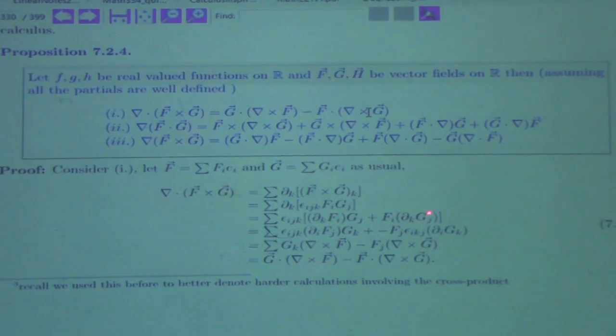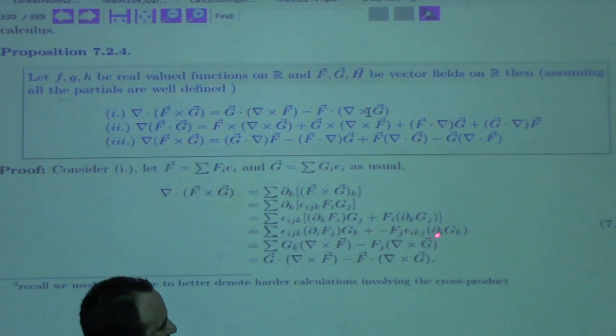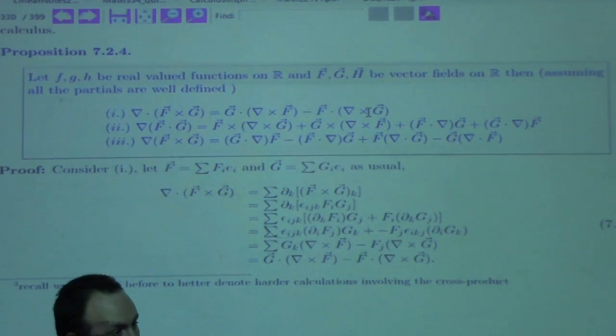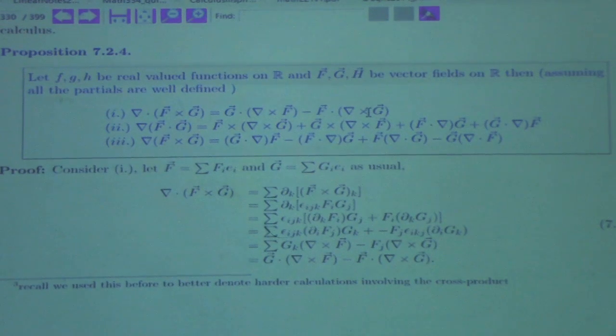Then you have a product rule, and of course then you can rearrange the sums. The thing about it is the i and the k here, you have to flip. You start with ijk, but you have to go to ikj in order to make it a cross product over here. That's where the sign comes from. Anytime you flip a pair of indices, you get a minus, because that's the same anti-commutativity built into the cross product and so forth.